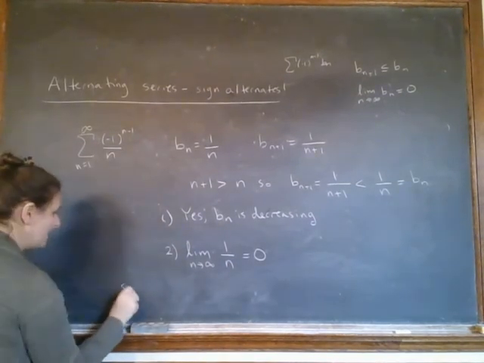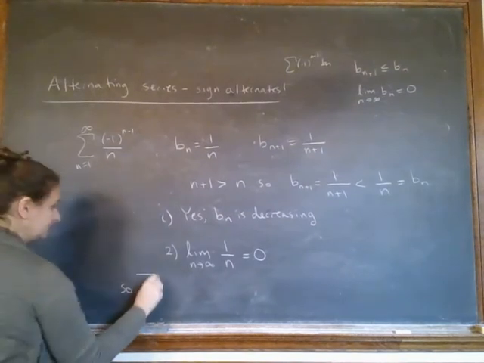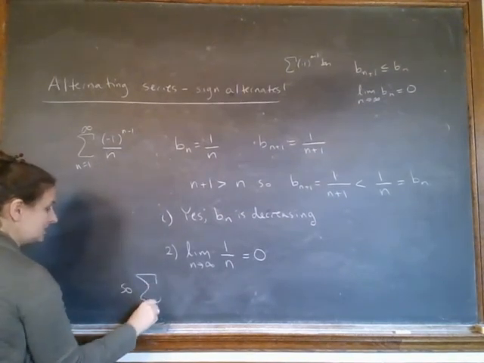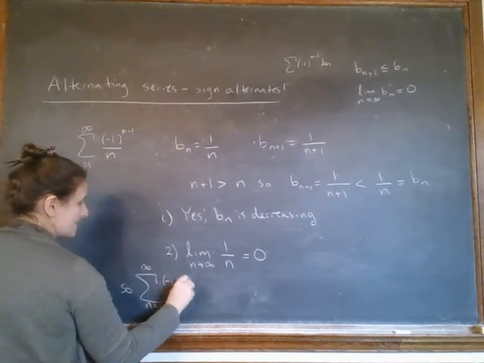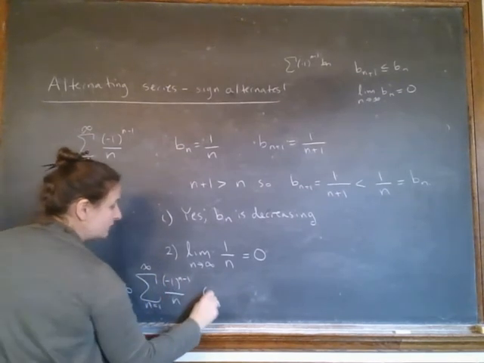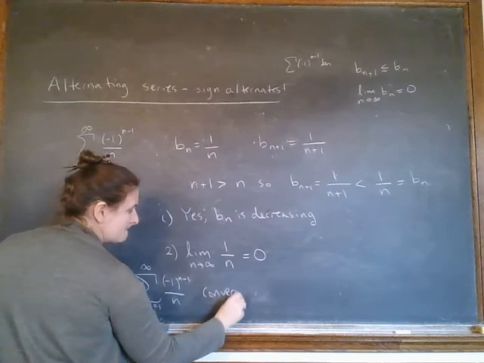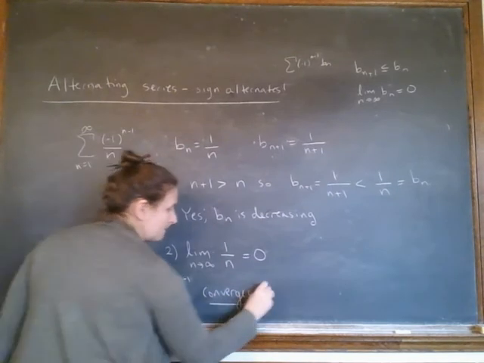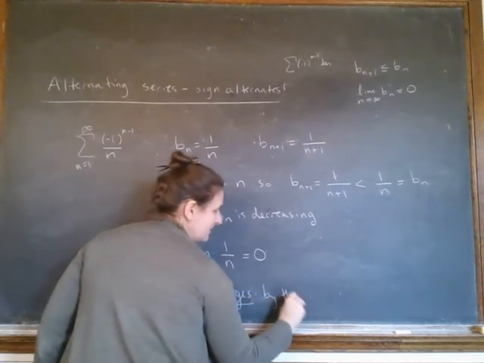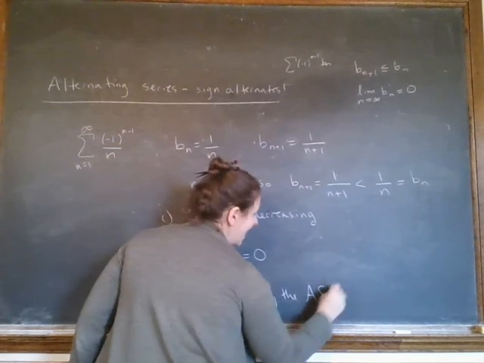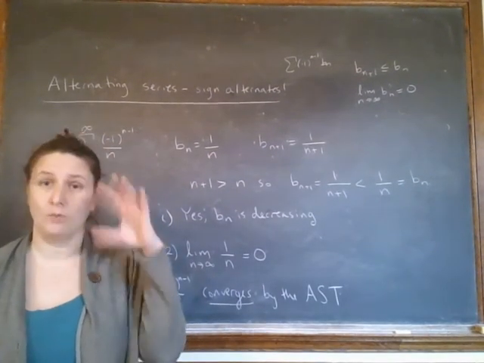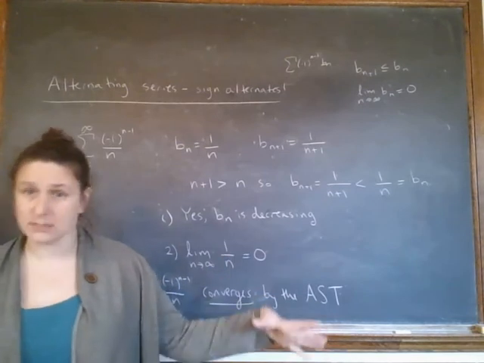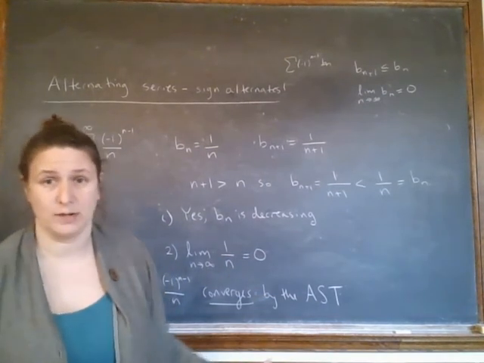So my alternating harmonic series converges by the alternating series test, and feel free to just write AST instead of writing out alternating series test, which becomes quite long to write out.